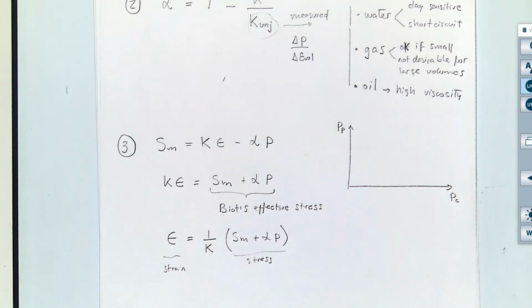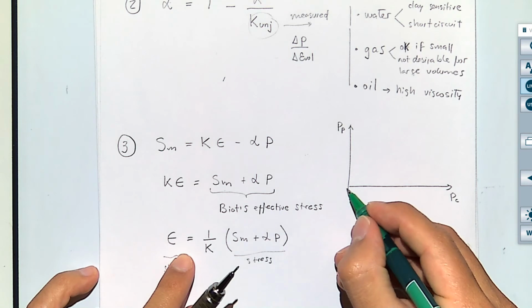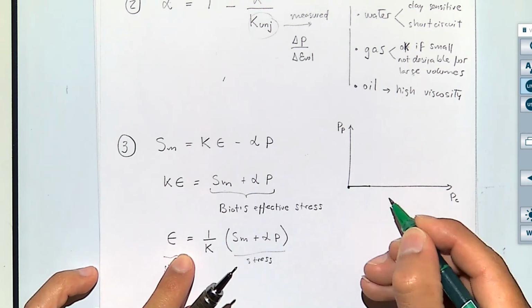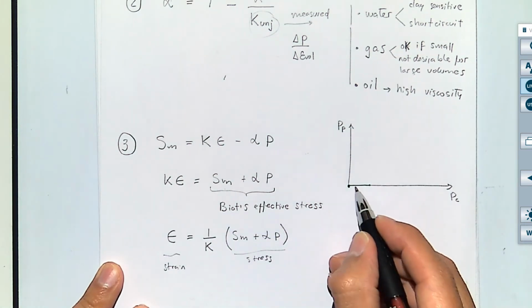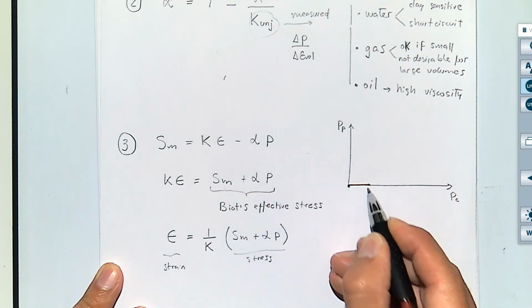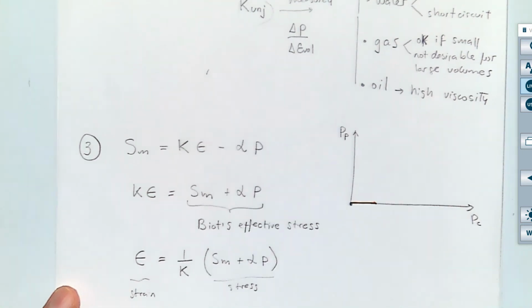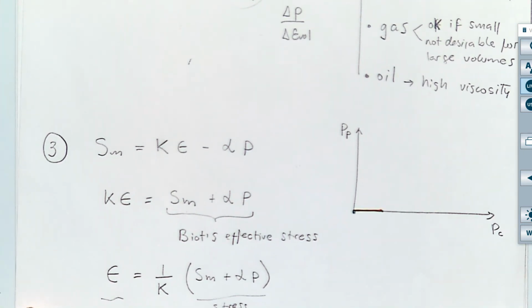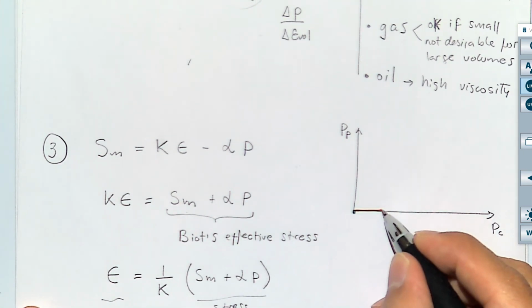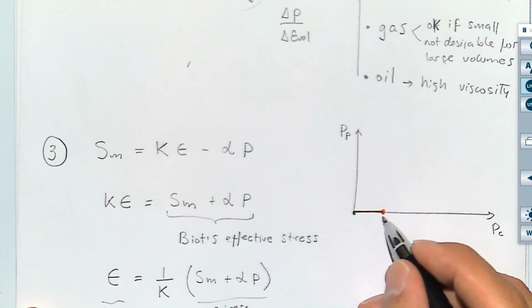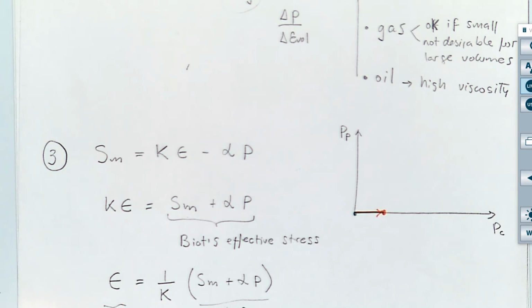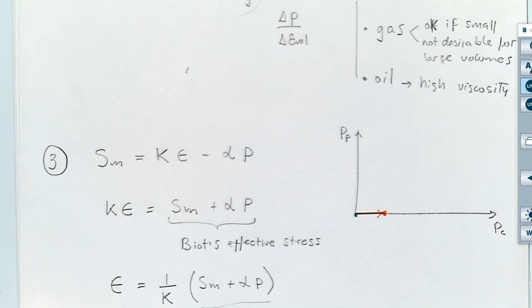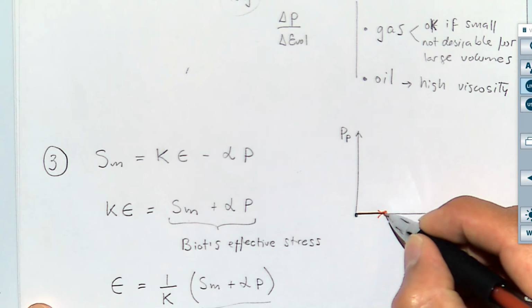So usually when you start an experiment, well, not usually, all the time, first you increase the confining pressure, and after you increase the confining pressure, and only after, you can increase the pore pressure.